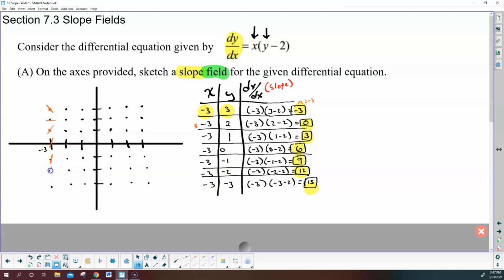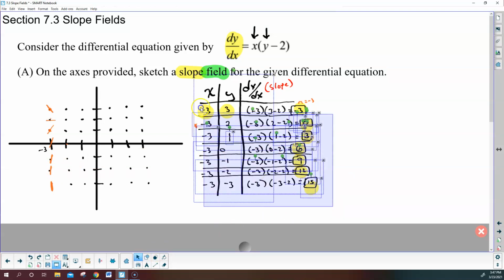It just has to be a little bit more steep than what I did before. And then 15 is going to be steeper. So notice when the numbers get much larger, it's really hard to draw the difference between a slope of 6, a slope of 9, a slope of 12, and a slope of 15, which is why it's sometimes important to have a table.